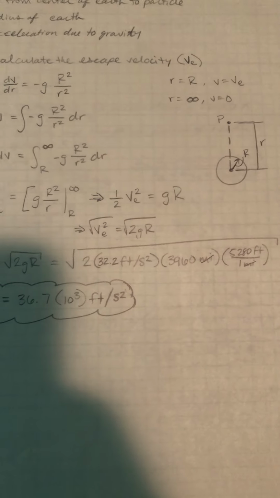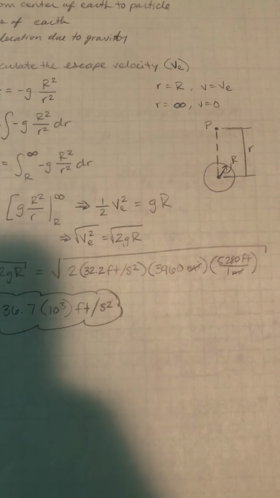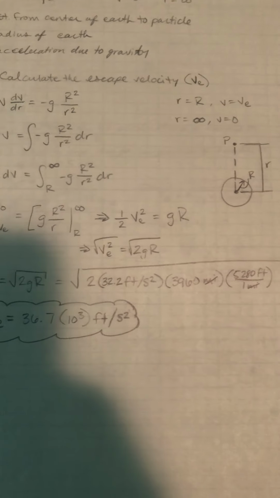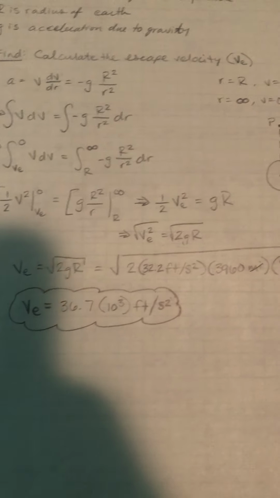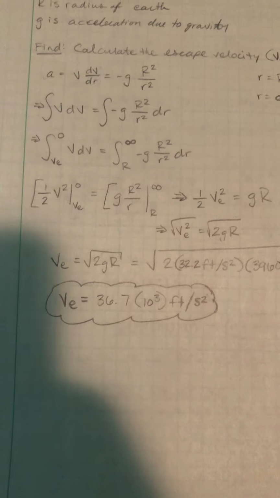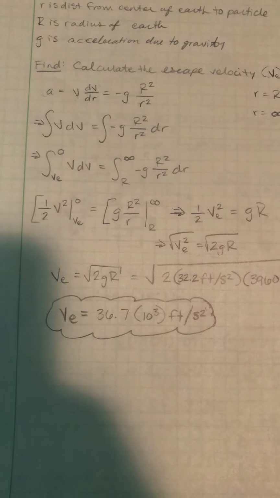And we know that our R is equal to 3,960 miles. Using the unit conversion, we're able to get it in feet per second. Thus being 36.7 times 10 to the third feet per second.